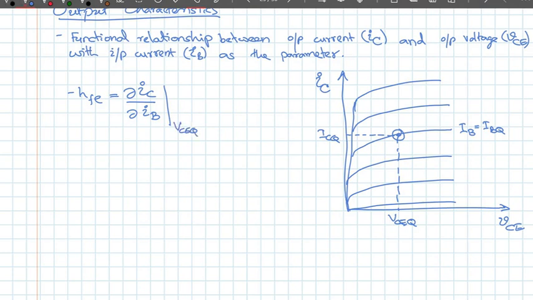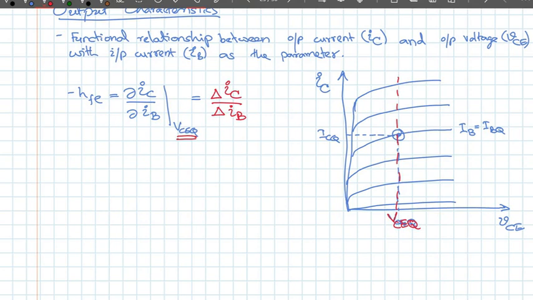So what is this? VCE equals VCEQ means that you are on this line, because this is the VCEQ. On this, ∂IC means a variation in IC, so let me say delta IC over delta IB.